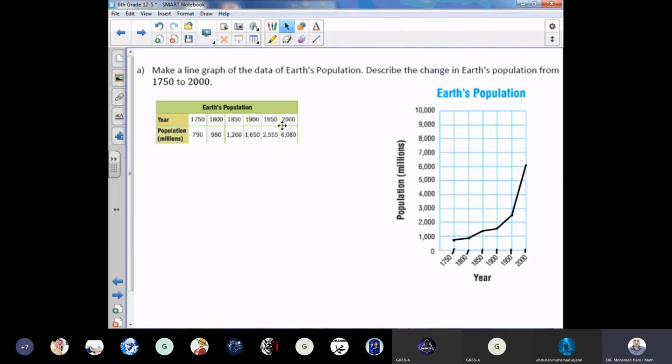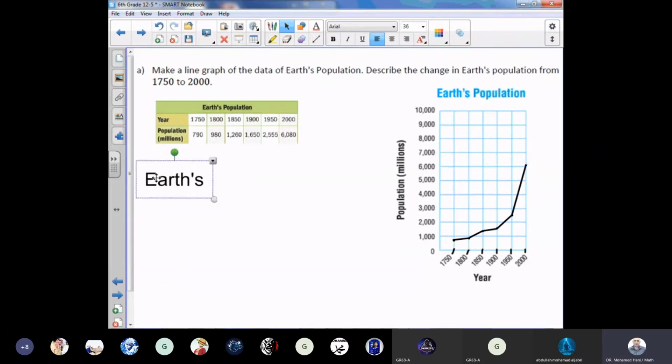That's all there is to it, to making a line graph. Now we need to describe the change in Earth's population from 1750 to 2000. And I would say going from 790 to 6,000 is quite a drastic jump. So let's go ahead and say that.